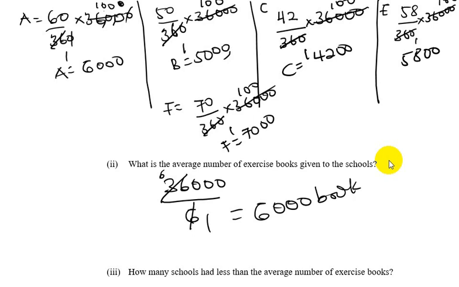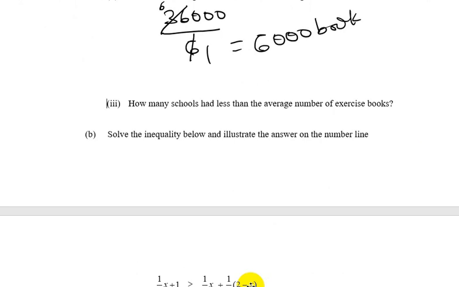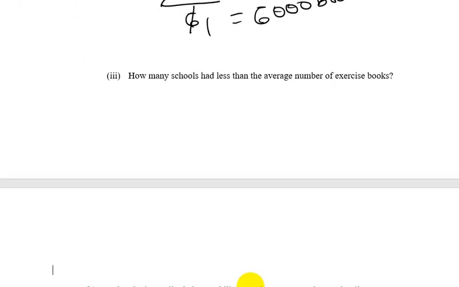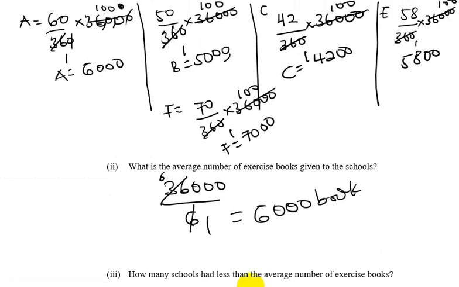Okay, 6,000 books. That's the average. Now let's look at the next question. The next question also says, how many schools had less than the average number of exercise books? So 6,000 is the mark now. So how many schools had less than 6,000?